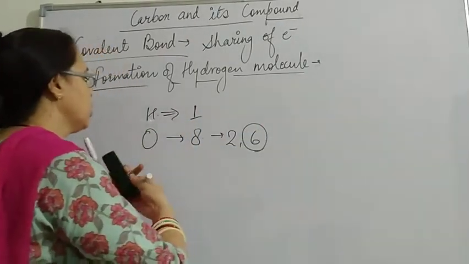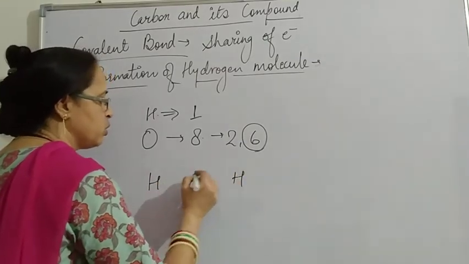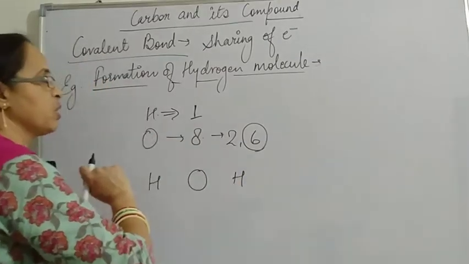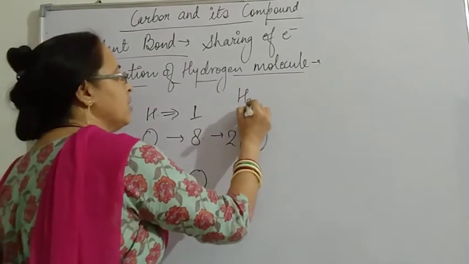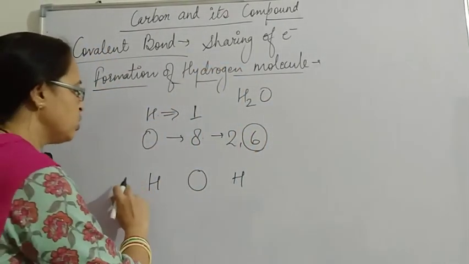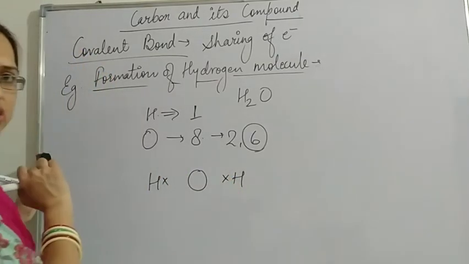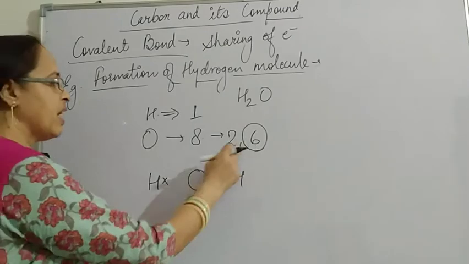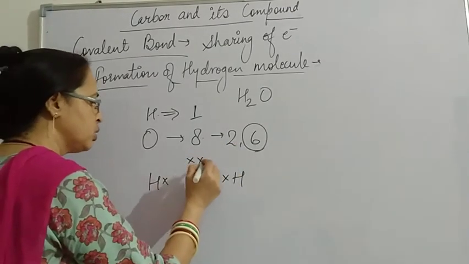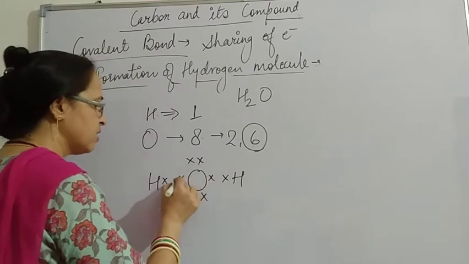We have one hydrogen over here and the other hydrogen over here, and oxygen, because the formula of water is H2O. Each hydrogen has 1 electron, and oxygen has 6 electrons: 1, 2, 3, 4, 5 and 6.